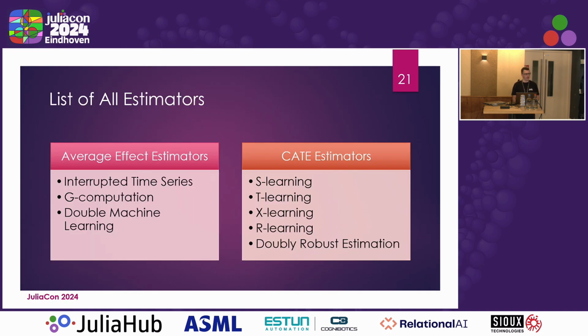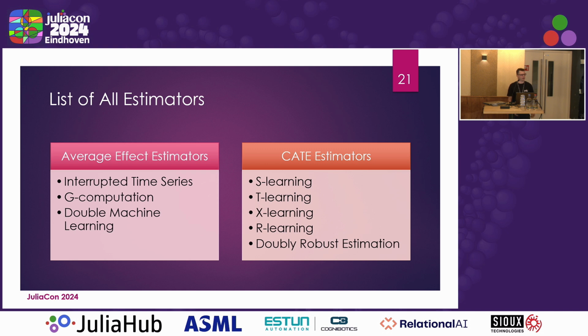And so here I did mention, we went through a couple examples, but there's a bunch of different estimators here in CausalELM. So for computing average effects, you can do interrupted time series estimation, and from that you can compute mean effects or cumulative effects.